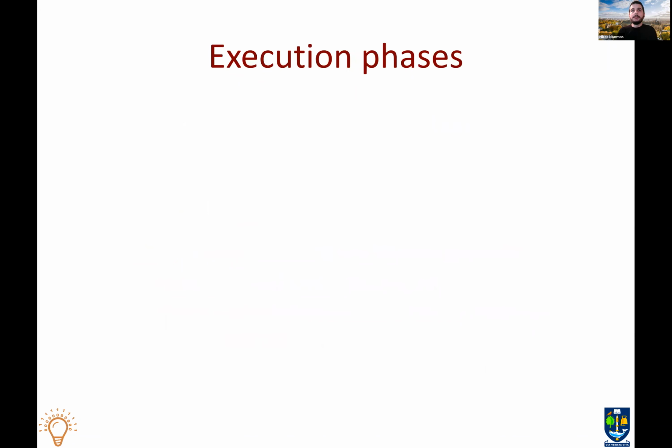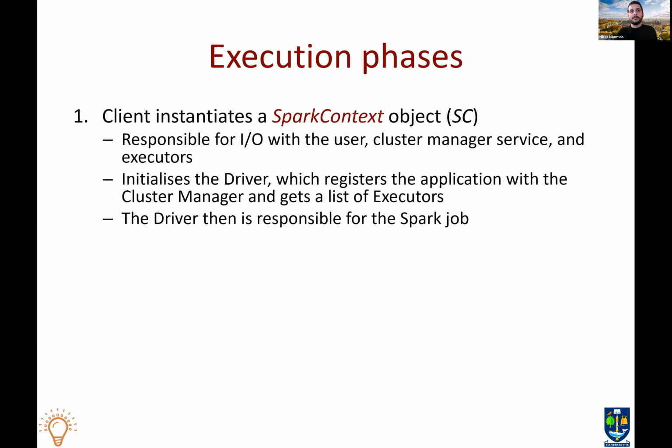Okay. So let's discuss a bit about execution phases, and then we can get back to what exactly is an RDD. Okay. So we start the execution phase by first instantiating a Spark context. Whether this is done explicitly or implicitly, we'll discuss that later on. But it does happen.